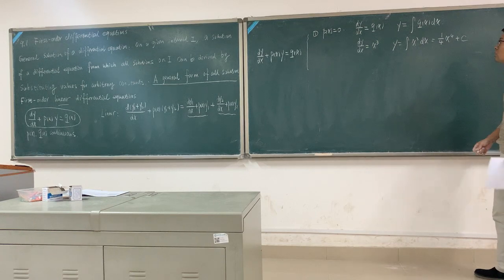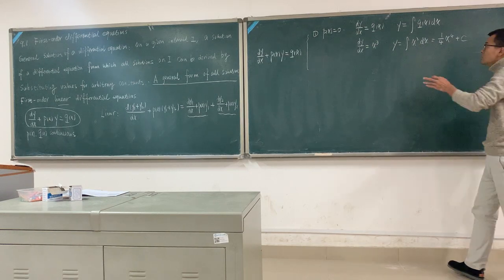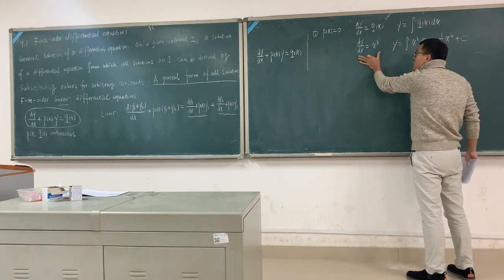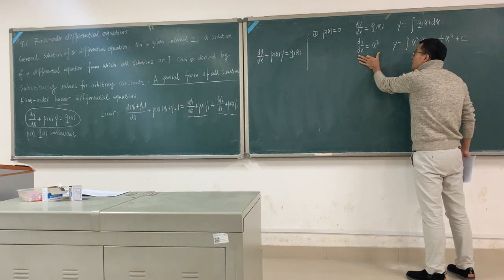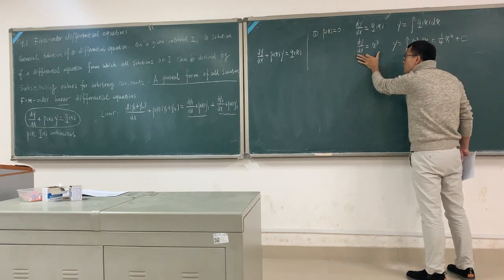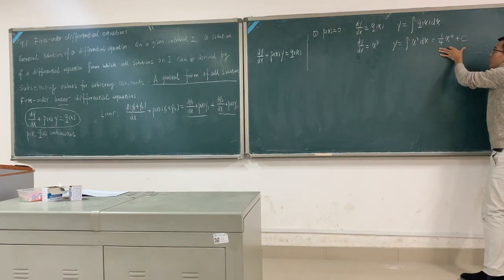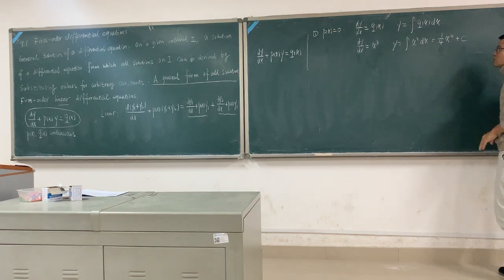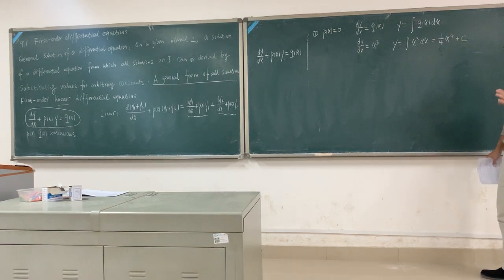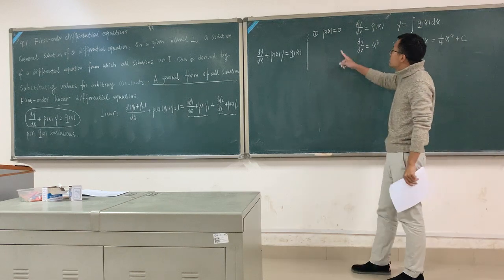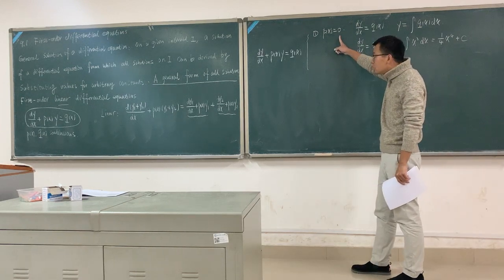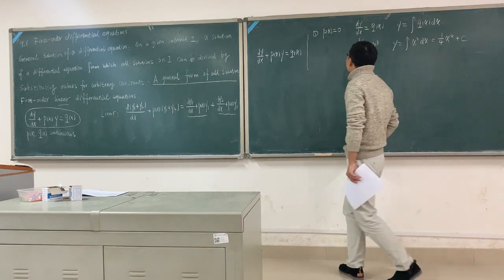So for this equation, the general solution is 1/4 x to the 4th power plus c. This is the simple case, p(x) equal to 0. So what about p(x) not equal to 0?